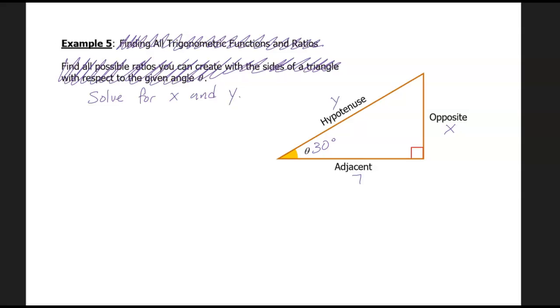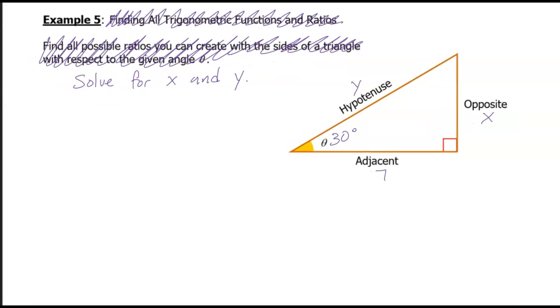Go back to that problem I said we need to skip. Yay. We're now actually going to be solving for side length and angle measures. So first we're going to solve for x. Now, which trig function should we use if we're solving for x?